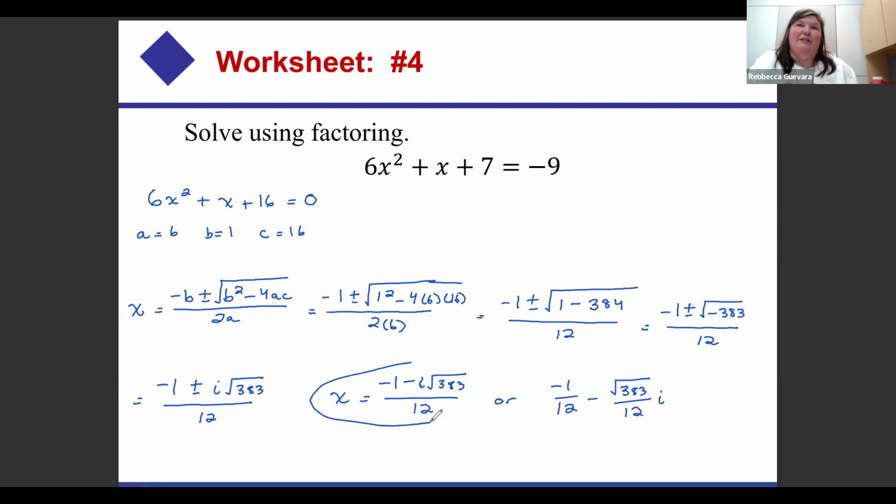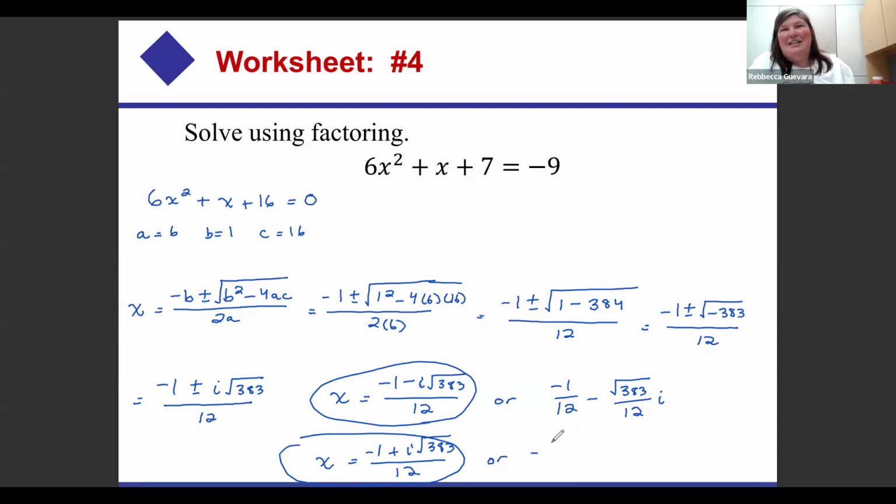Usually we leave it like this, so. And the other one is x is equal to minus 1 plus i square root of 383 over 12. Or, there's a reason I'm writing this out here, minus 1 over 12 plus square root of 383 over 12 i. So just notice those are conjugates.